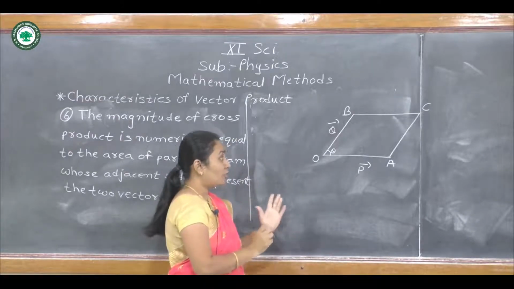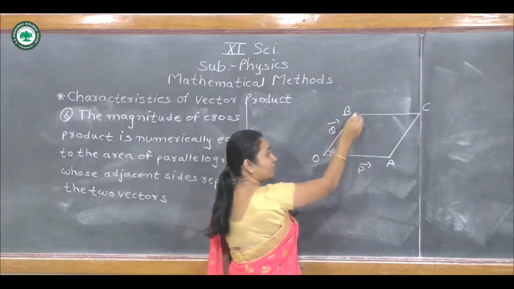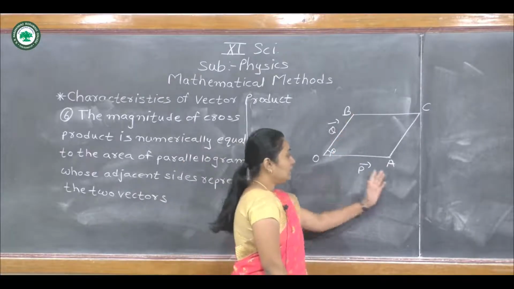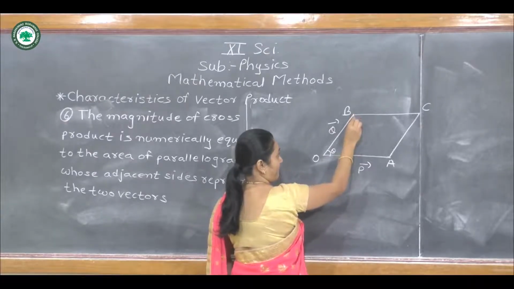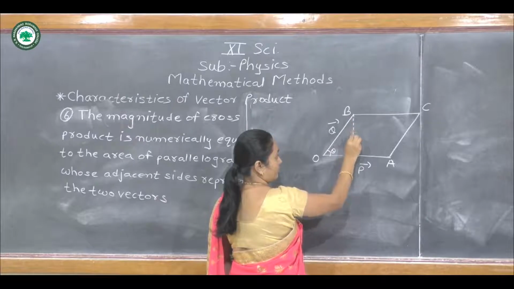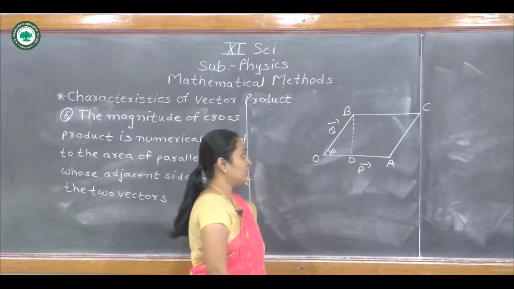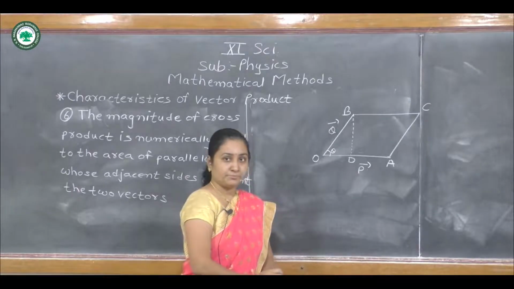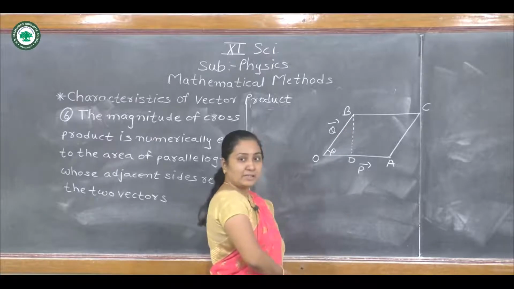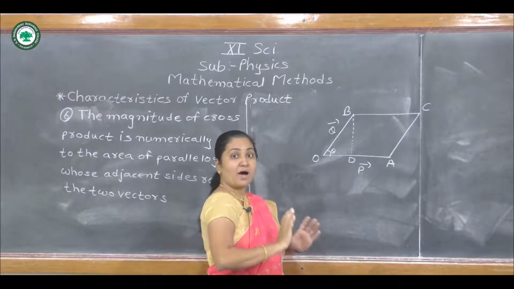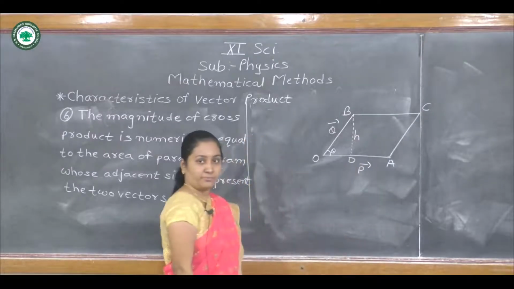Now drop a perpendicular from point B on vector OA. Suppose this point is D. Now this BD is the height of parallelogram, that is H.